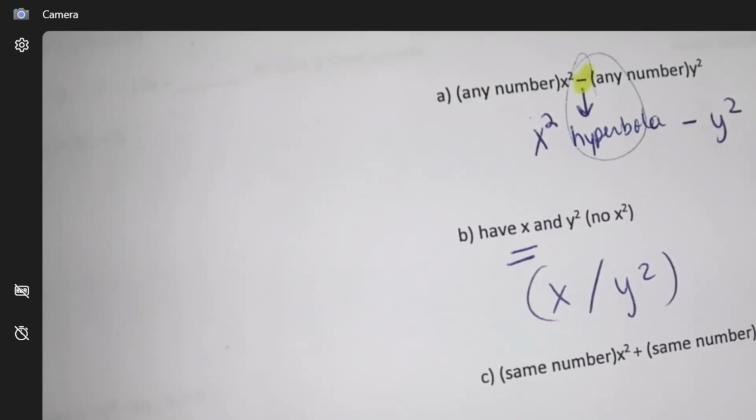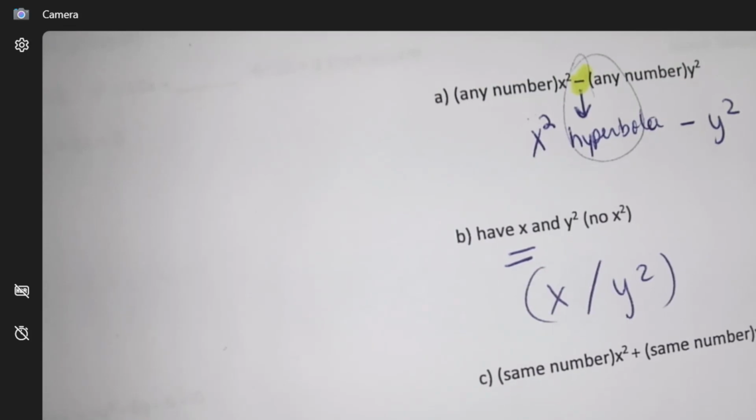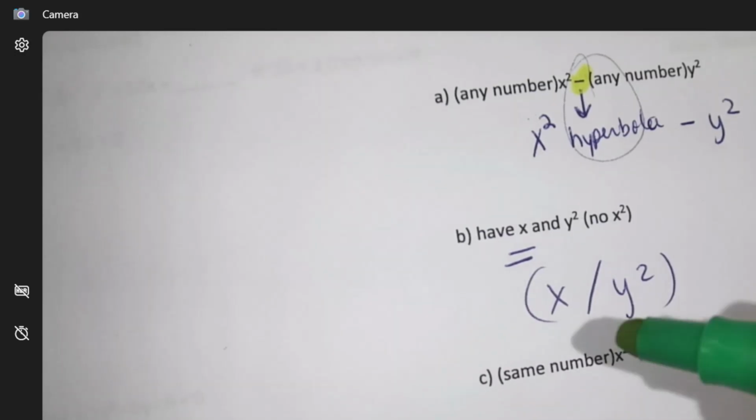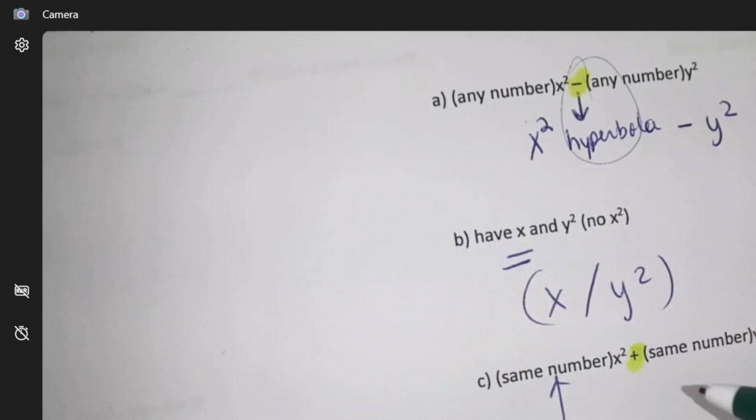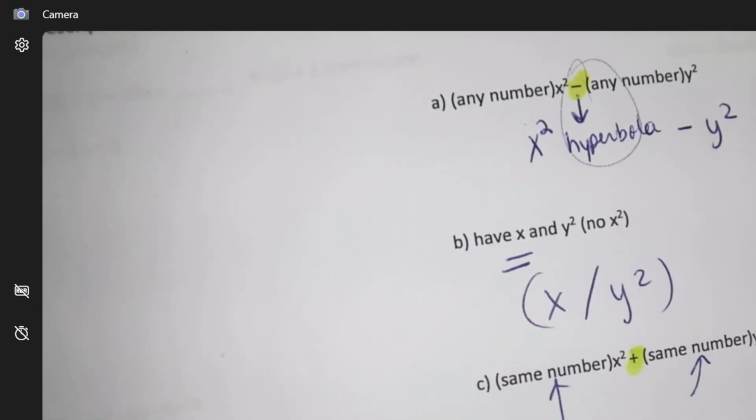Horizontal? Okay, this is a plus, and they're the same numbers. Same number of plus, then it is a circle.